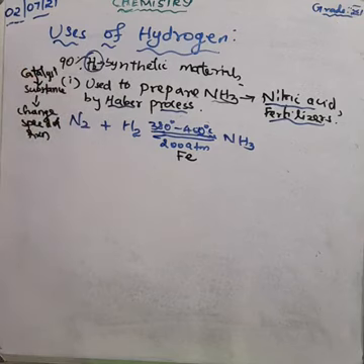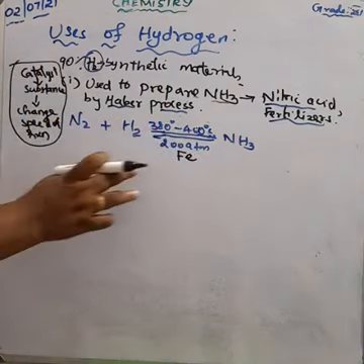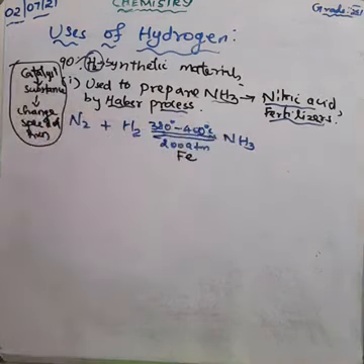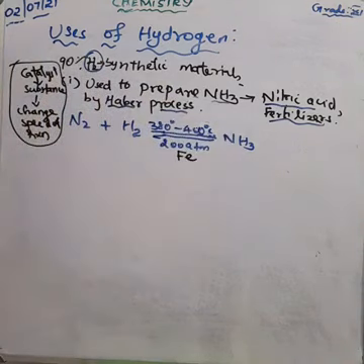Iron increases the rate, meaning the speed, of the formation of ammonia.